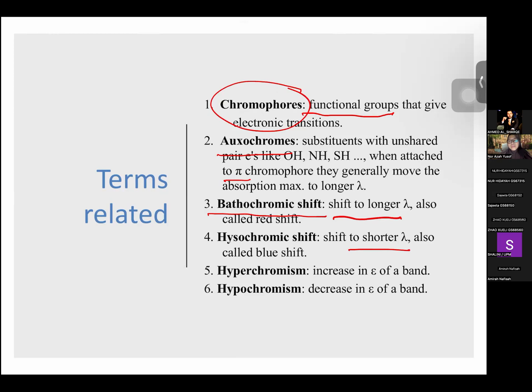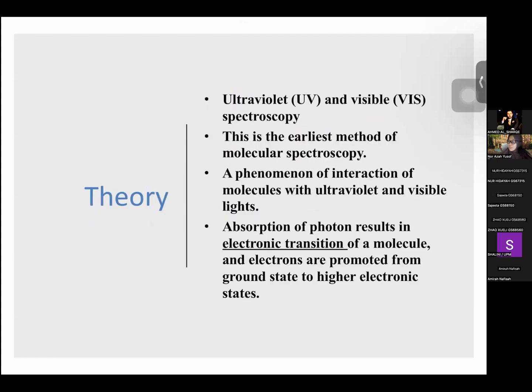There are certain compounds that can absorb light, and certain characteristics of compounds which we call chromophores. So it's important for you to identify which is chromophore, which is not. This is just telling about what is UV-Vis. So, absorption of photon.